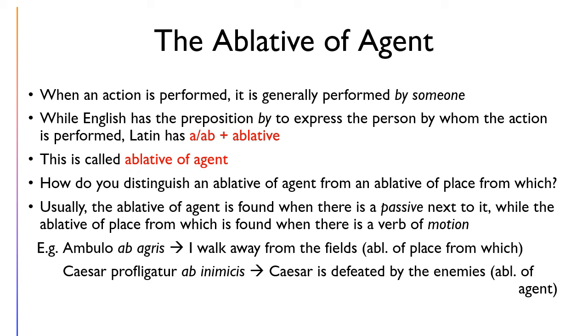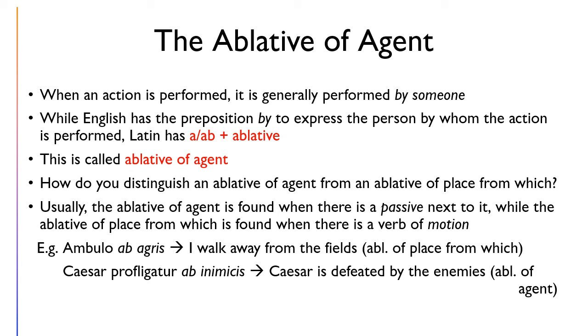So how do you distinguish an ablative of agent from an ablative of place from which? Well, this is easy because usually the ablative of agent is found when there is a passive form next to it, because the ablative of agent is typical of a passive form. While the ablative of place from which is found when there is a verb of motion next to it.